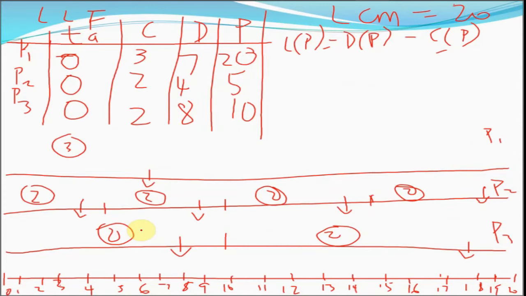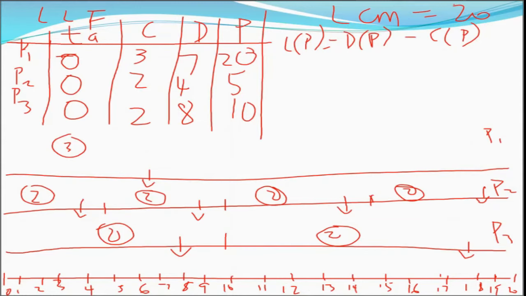We need to calculate the laxity for each process. So if we take laxity for process 1, dP is the distance between the closest deadline and the starting point, okay?